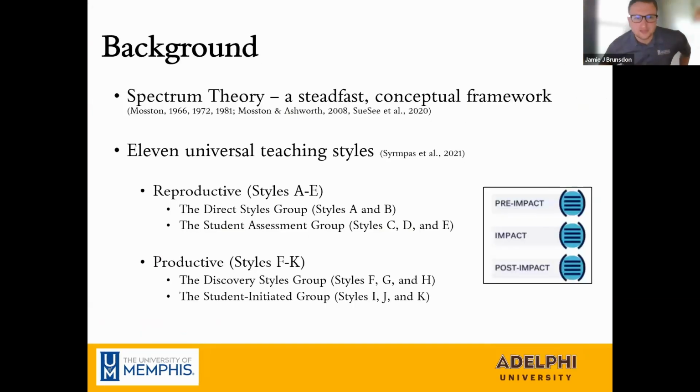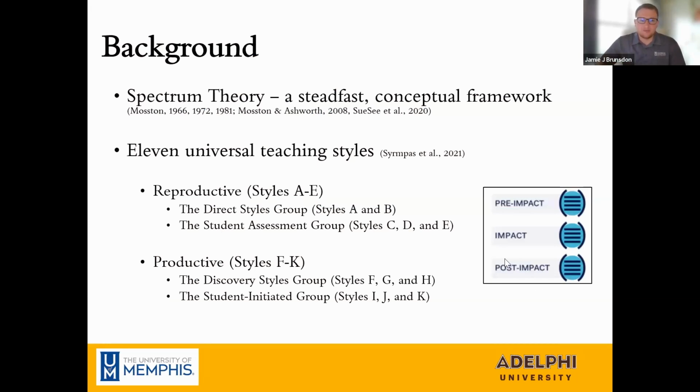Great. Next slide, please. Okay, so as we all know, spectrum theory is a steadfast conceptual framework intended to explain the act of teaching and learning. Based on what we currently know about the spectrum, there are 11 universal teaching styles. These can be broadly positioned into the reproductive and productive clusters.